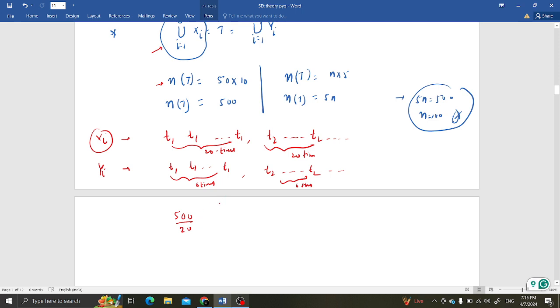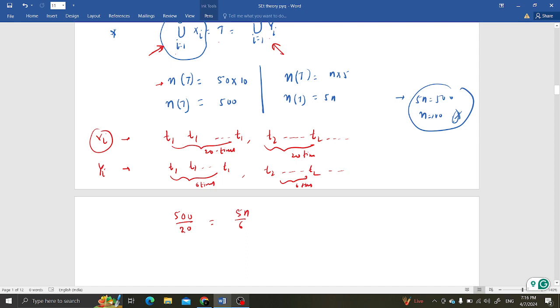The actual number of elements in T is 500 upon 20, because I need to add all the elements, T1 plus T2 and so on. The number of elements in the union on the left-hand side, the number of elements in T, and the number on the right, all have to be the same. So 500 upon 20 and 5n upon 6.